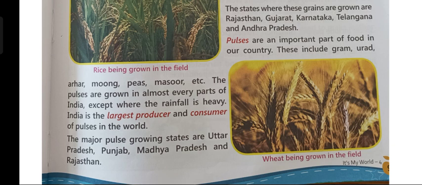Now, India is the largest producer as well as consumer of pulses in the world. That means pulses are grown here in India in large quantities and are also eaten by the people in large quantities. Now, lastly, the states where pulses are grown are Uttar Pradesh, Punjab, Madhya Pradesh, and Rajasthan. In all these places, pulses are grown.